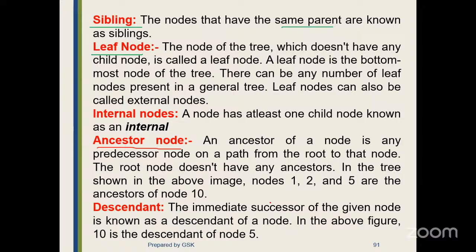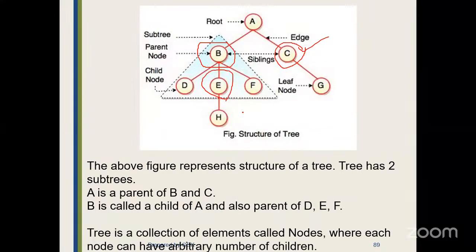For example, the ancestor for D is B. In the same way, up to the root node, whatever nodes are available, those are called ancestors. For example, the ancestors for H are E, B. The ancestor for G is C. Of course, A is also an ancestor.